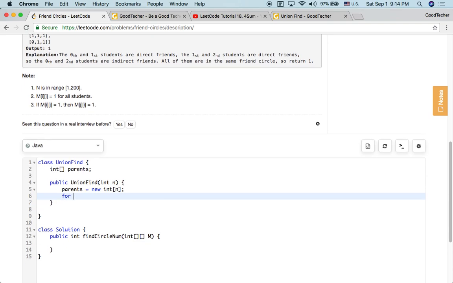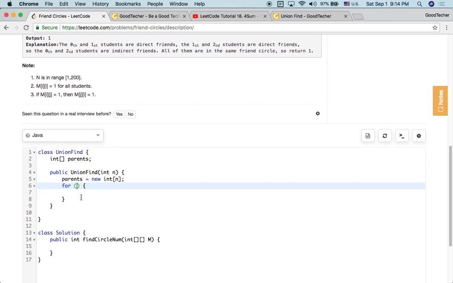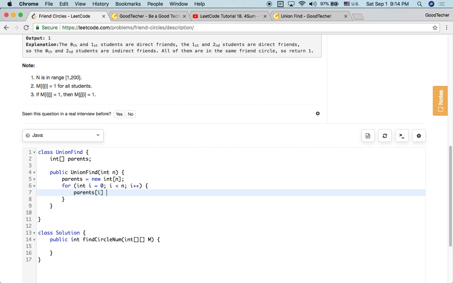This constructor is also going to initialize each element's value in the parents array, with a loop of int i, i plus plus, so parents[i] is, at the beginning, just the index value.